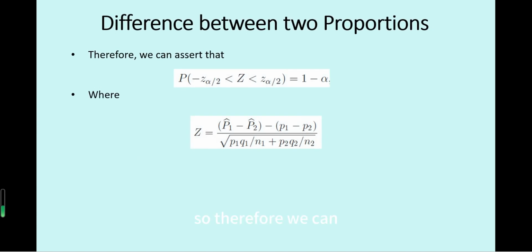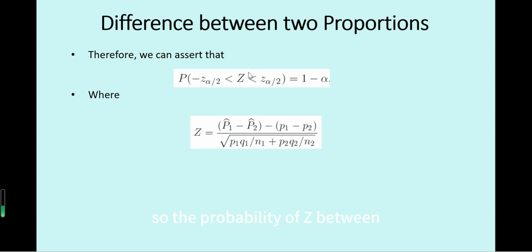Therefore, we can go one step further: the standardization of P1 hat minus P2 hat, Z, has a standard normal distribution.